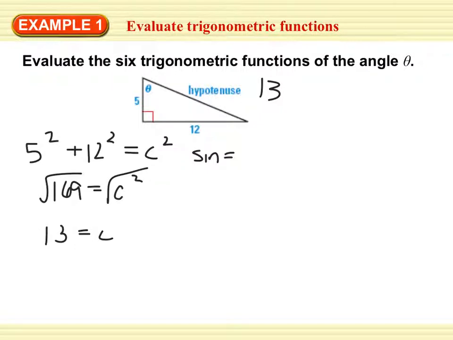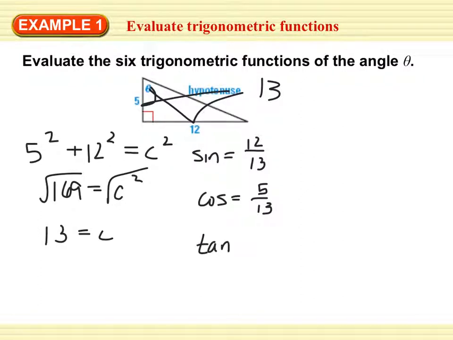Sine equals adjacent over hypotenuse. No, sorry, opposite. Sine is opposite over hypotenuse. 12 over 13. Cosine is adjacent over hypotenuse. And tangent is opposite over adjacent. Now once you get those 3, the next 3 are simple because I just do the reciprocal.